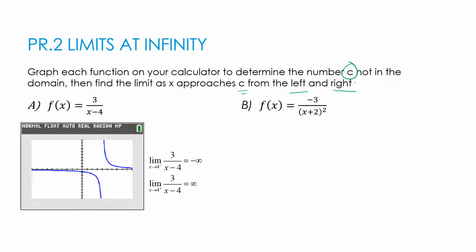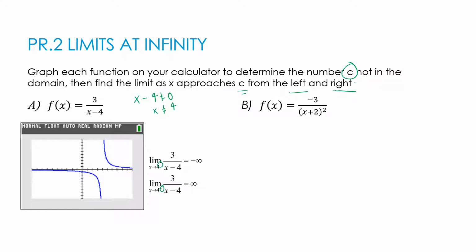So for my first one, again, it should be pretty straightforward, finding that x minus 4 cannot be 0. Therefore, x cannot be 4. And essentially what I wanted to do then was find, as x approaches 4 from the left, or as x approaches 4 from the right, what are the limits?